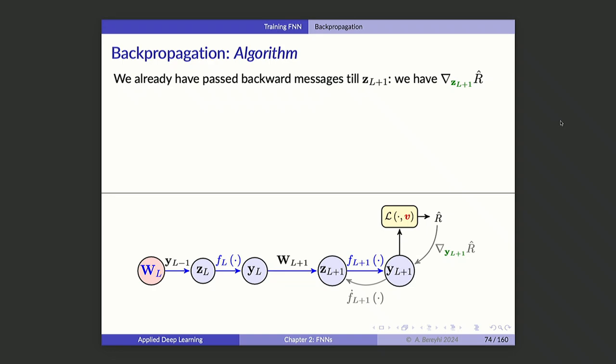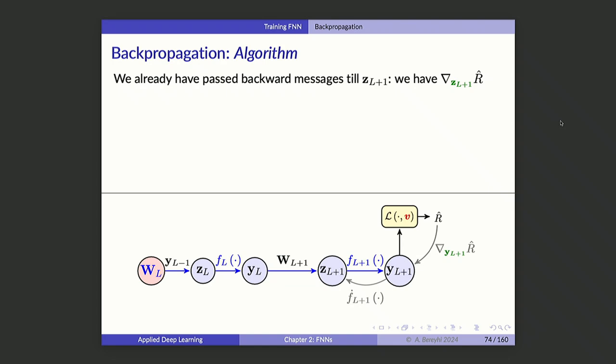I just look at YL and ZL plus 1, and anything after that, I just assume it's a kind of transform. I'm going to end up with R hat. Now, I do know the gradient of R hat with respect to ZL plus 1, because I already computed it in the previous step, right?